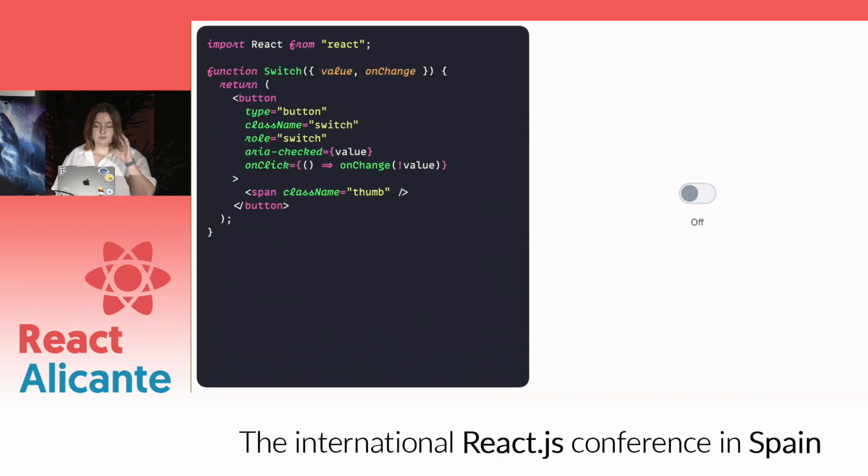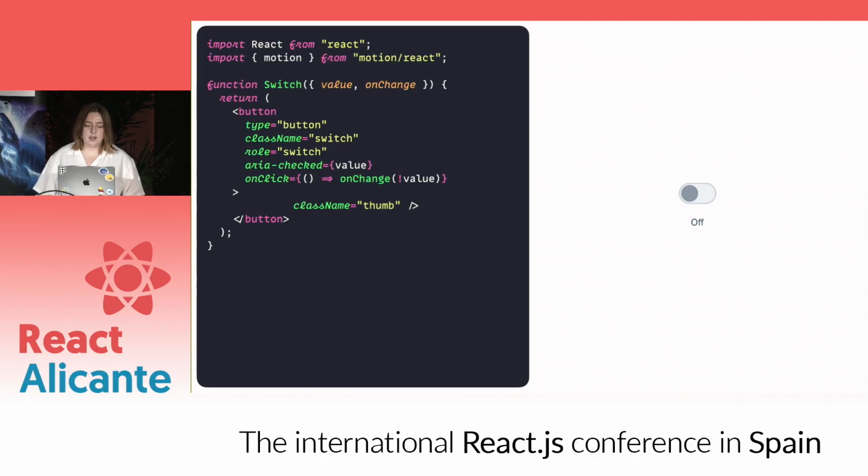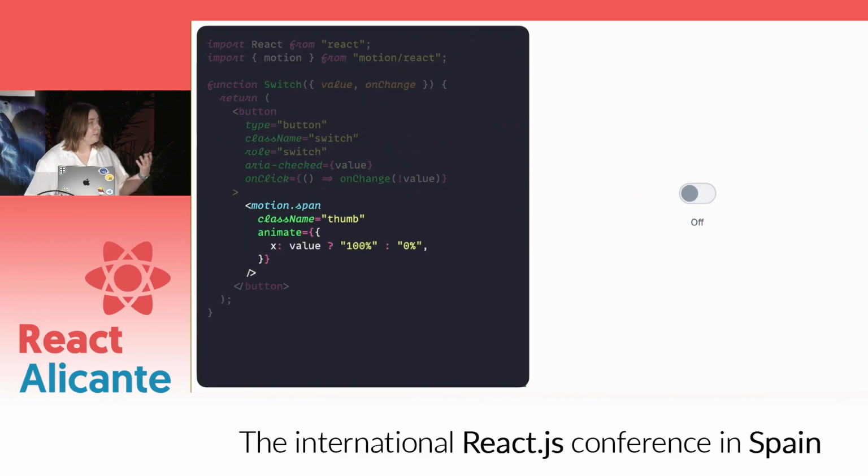So I start with a regular toggle. We can import motion in here, and then just swap our span for a motion span. Then the only thing we need to do is provide an animate property, which defines how the element animates. Depending on its value, we'll move it within the toggle, and it animates.